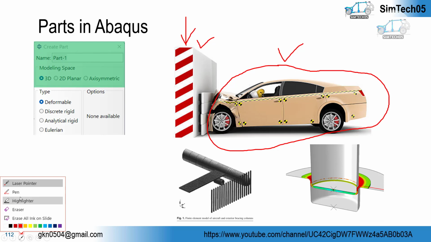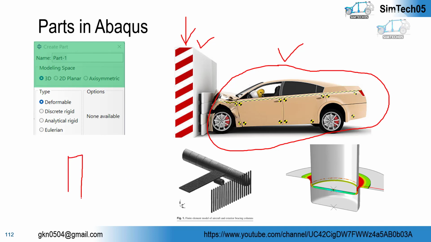So what will be the benefit of considering this component as a rigid component? See, this is our wall. Assume this is our wall. And when we go to mesh this, likewise in 3D, there are thousands of elements. But as we know, we are not interested in what results are developed here on the wall.